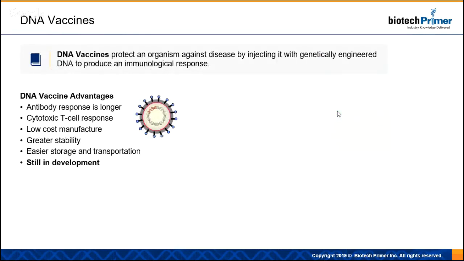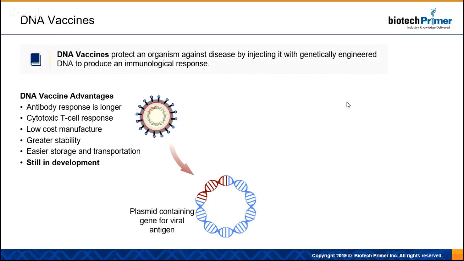Okay, so now back to DNA vaccines. I had mentioned this briefly on the slide that talked about the different types of vaccines. And the idea here is, rather than introduce a whole pathogen or one protein from that pathogen, let's introduce one gene from that pathogen, a gene that codes for an antigen, and inject that into patient cells.